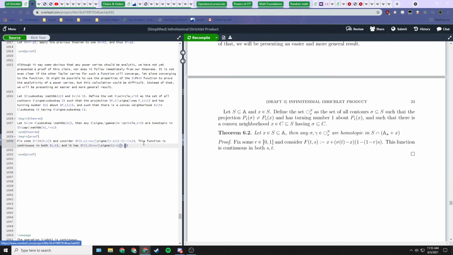This will be 0, this will be 1, and we get sigma minus x plus x. These cancel out. And also f of t, 1 equaling x plus this whole thing. So when s is 1, 1 minus r, this is just r there.